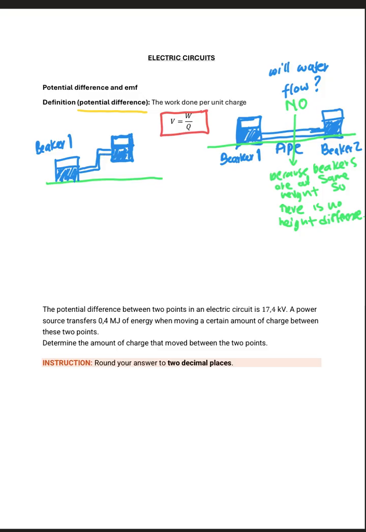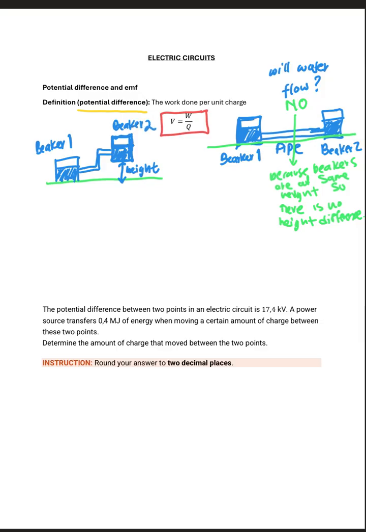Now we have the same question again, right? We have lifted this beaker to a certain height. So this is beaker 2.